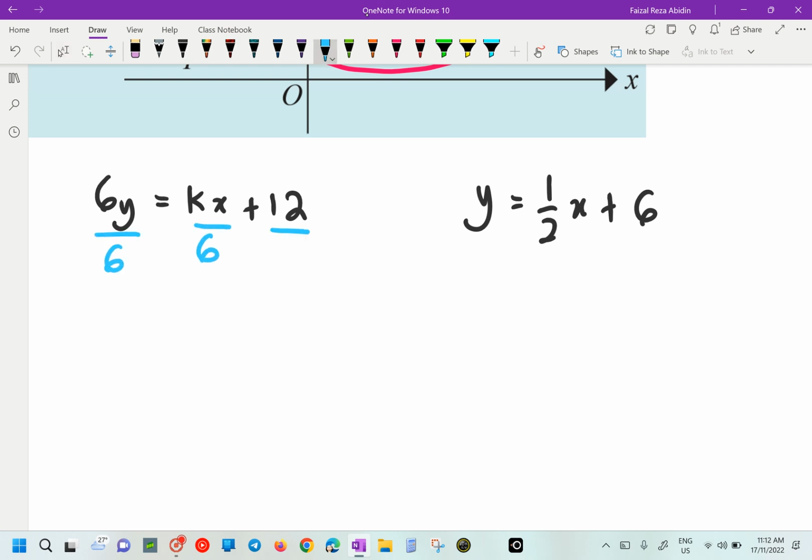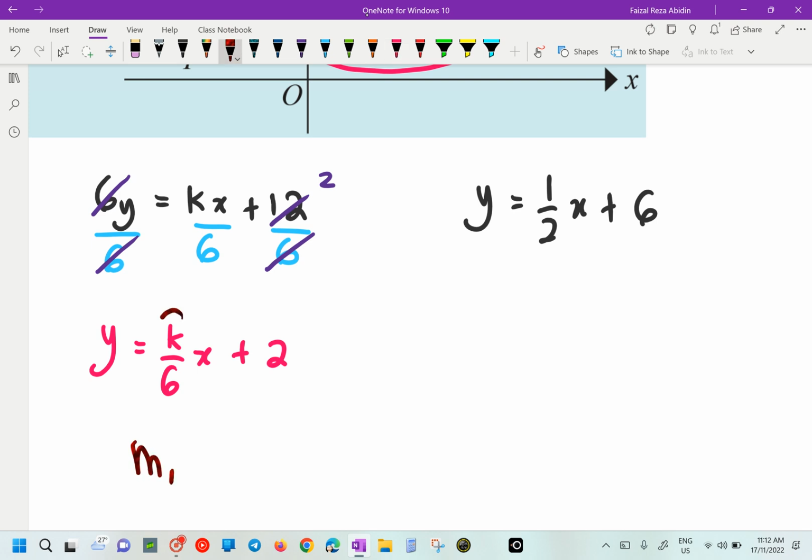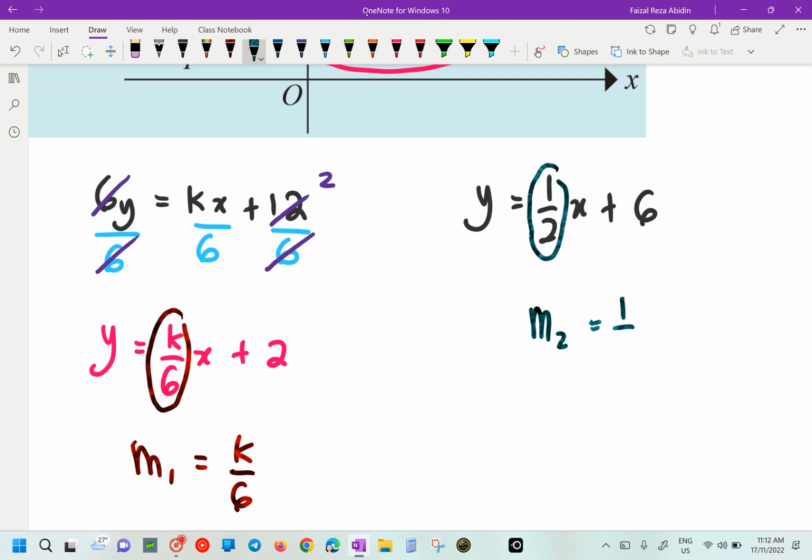Divide everything by 6. So 6 over 6, 1; kx over 6, leave it; 12 over 6 gives 2. So y equals to k/6x plus 2. So your first gradient is k/6. How about our second gradient? Given already, M2 is 1/2.